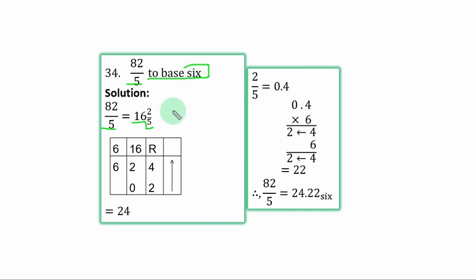For 16, you divide it by 6 until the quotient is 0. So you have 16, you have a base 6 column and remainder. Divide 16 by 6, you have 2, remainder 4. Divide 2 by 6, you have 0, remainder 2. You record the answer upward and you have 24.